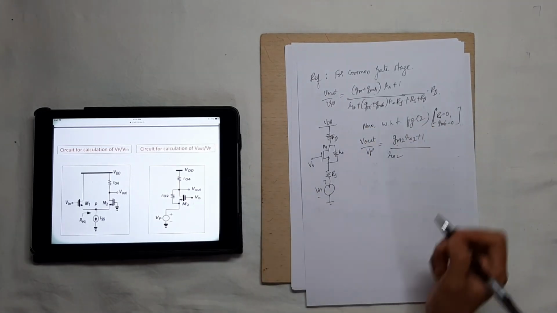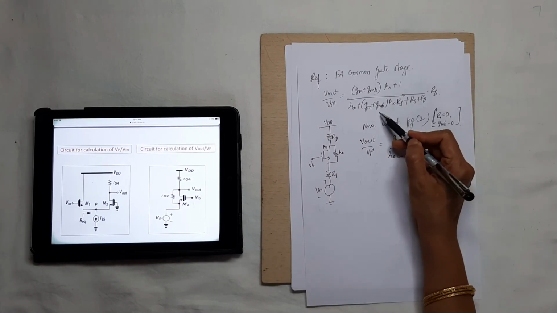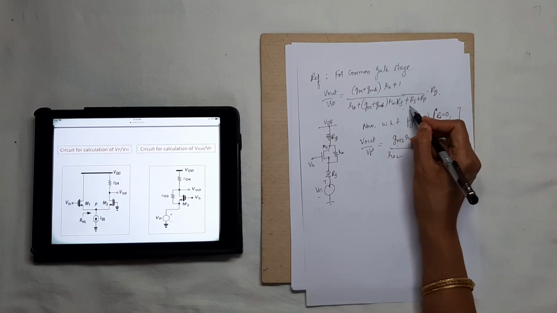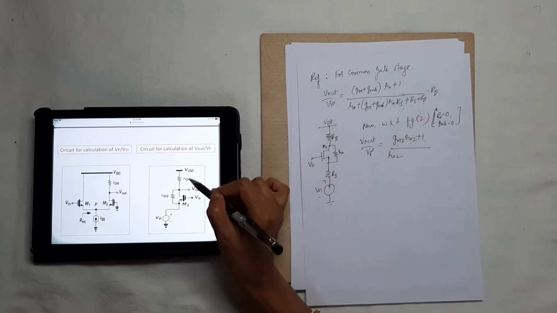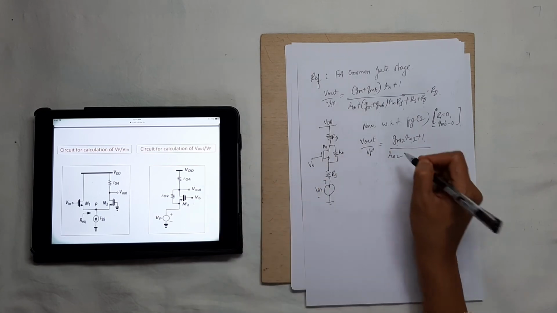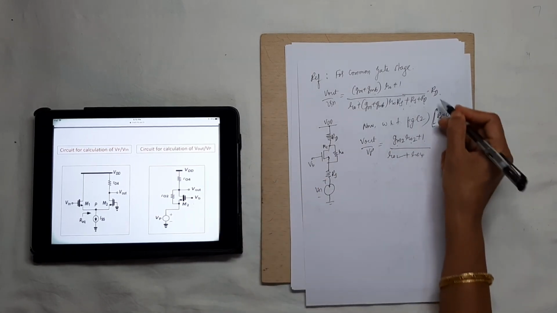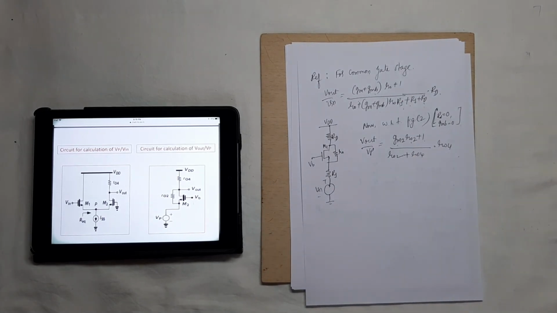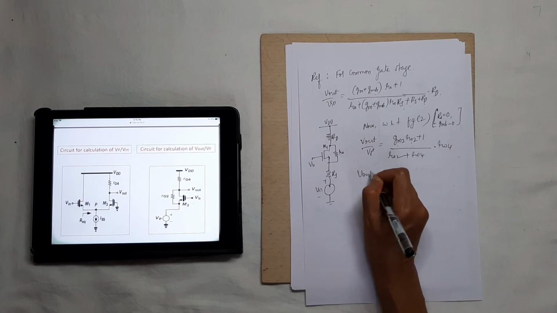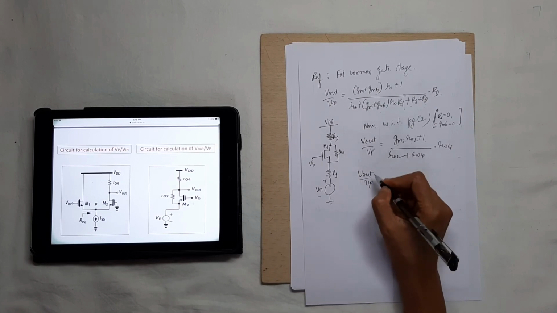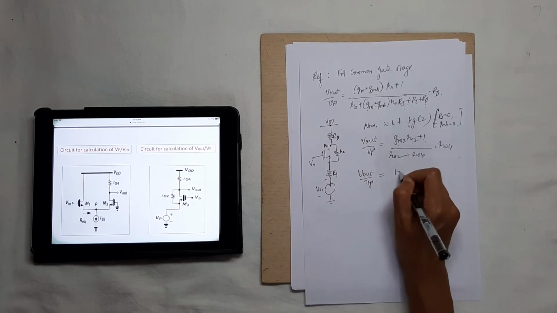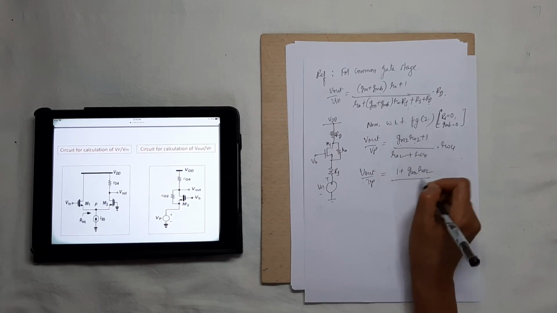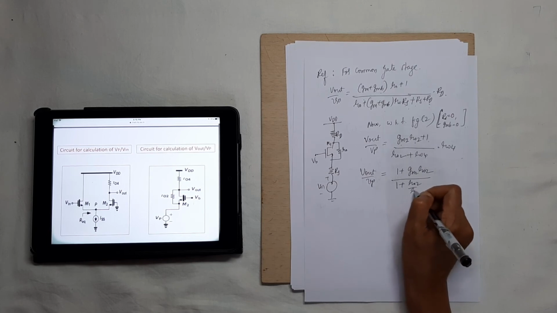Gmb is not there and Rs is 0, so this entire term is 0. And what is Rd? Rd is this resistance, here it is RO4, plus RO4 multiplied by Rd multiplied by RO4. Now V out by Vp is obtained as (1 plus Gm2 RO2) divided by (1 plus RO2 by RO4).